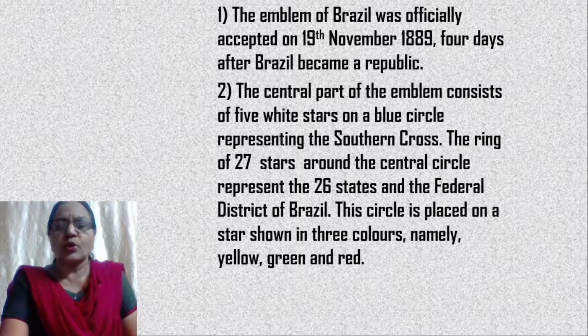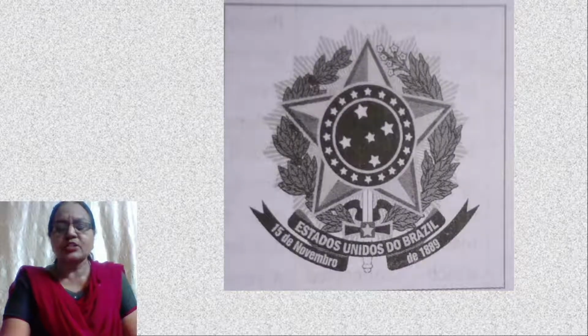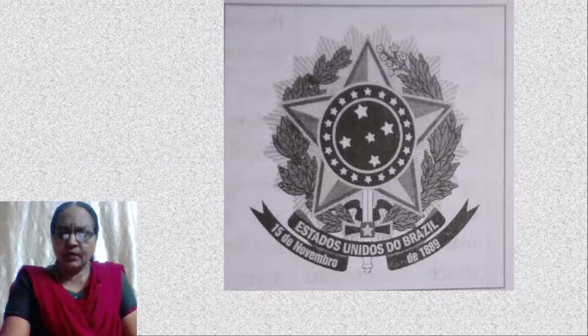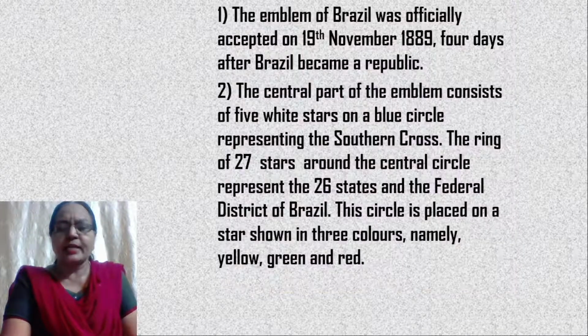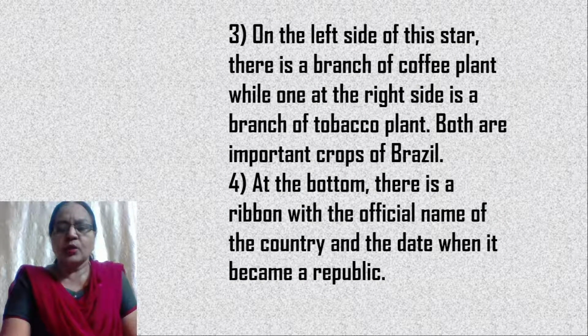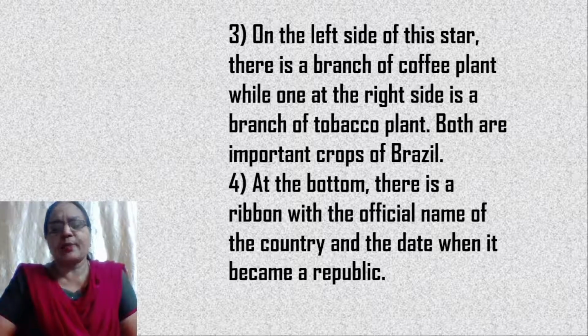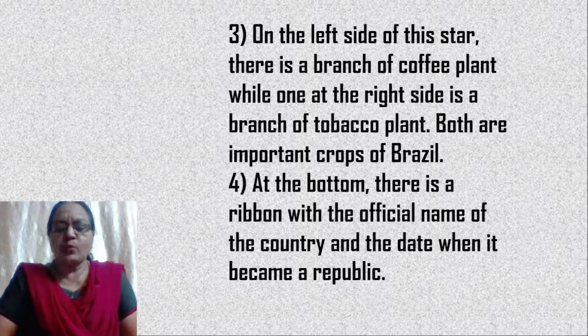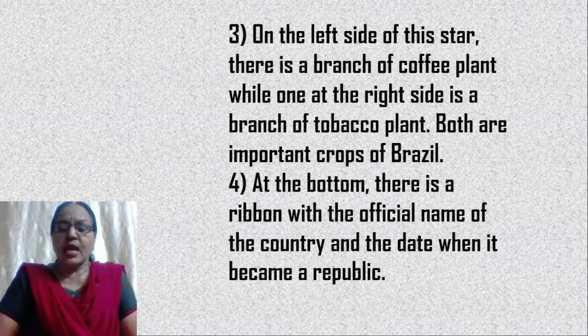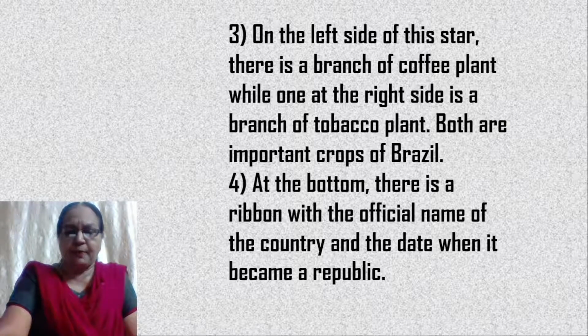So on the left side we have the coffee plant, and on the right side you have the tobacco. Both these crops, coffee and tobacco, are important crops grown in Brazil. At the bottom there is a ribbon with the official name of the country and the date when it became a republic.